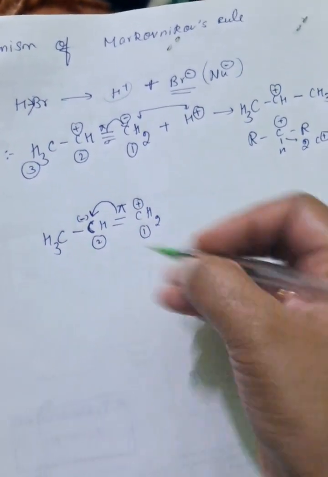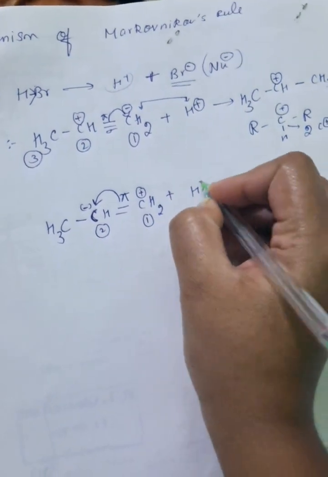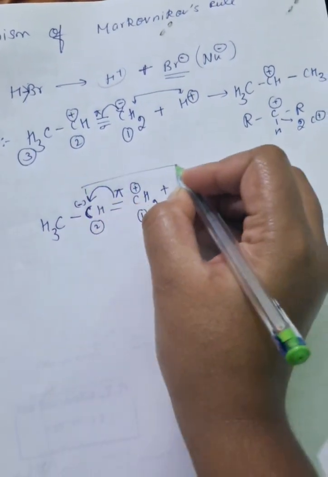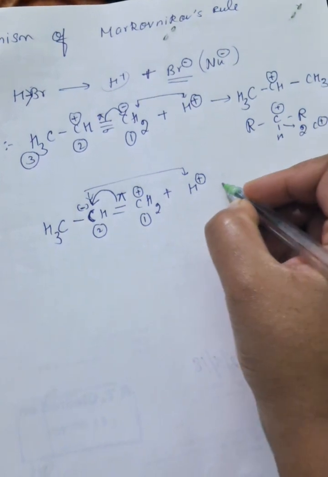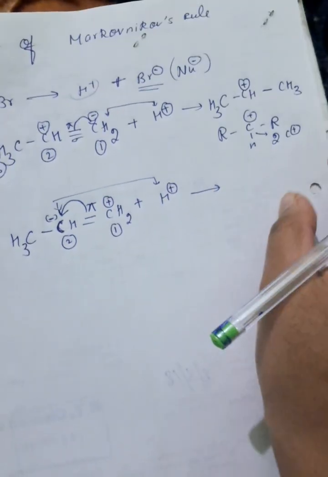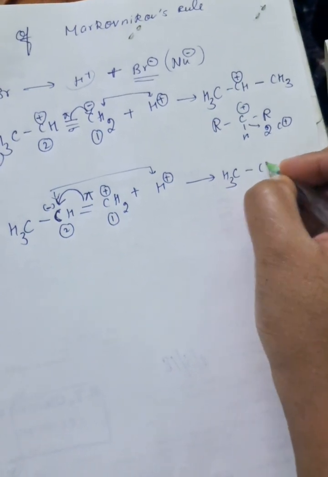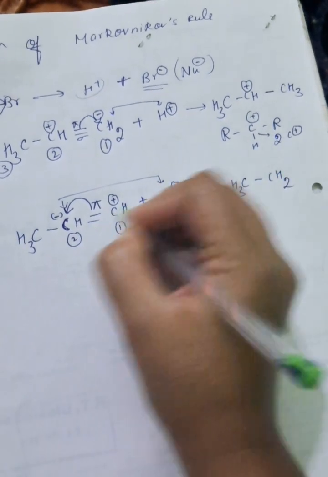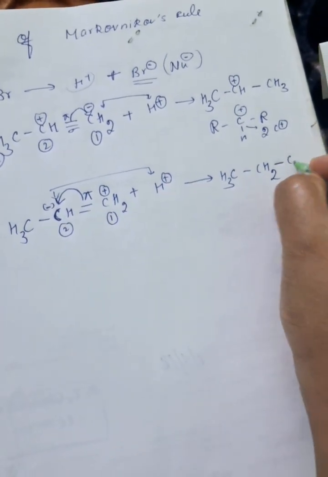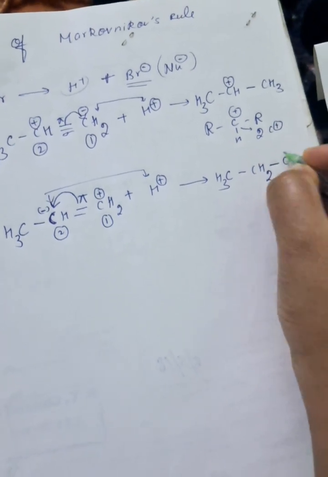The first carbon forms a carbocation, and this second carbon will abstract this proton because it has a negative charge, it has extra electrons, and then we will be getting some product like this, CH3, CH2. CH is becoming CH2, and then we will be having this CH2 with positive charge.